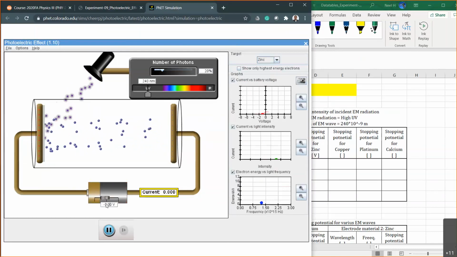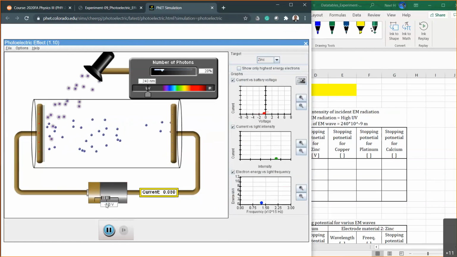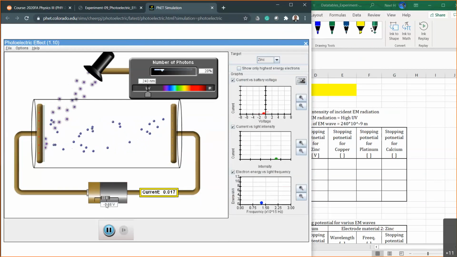Try with 0.5, a little bit, 0.6, small current, 0.7 negative, 0. That means let's try 0.65, still small current is there, 0.66 still there, 0.67 still there, 0.68 still there, 0.69 is 0. So 0.69.